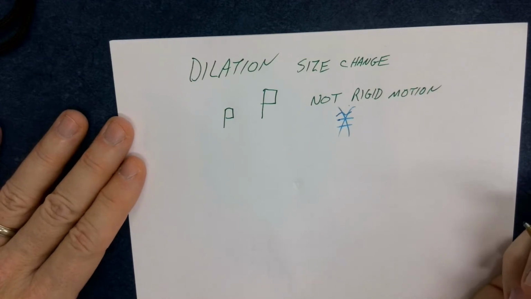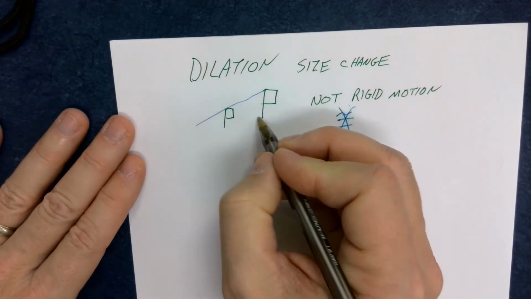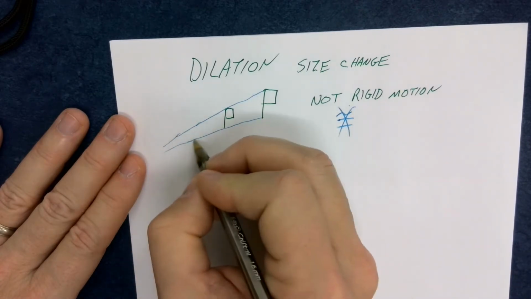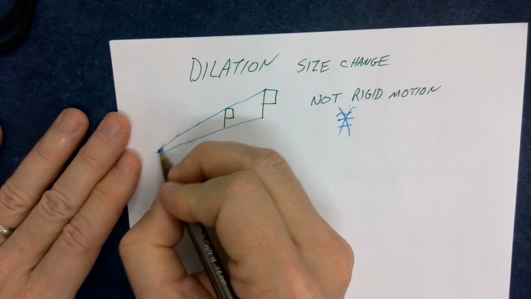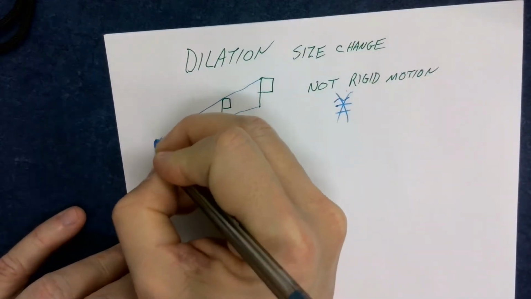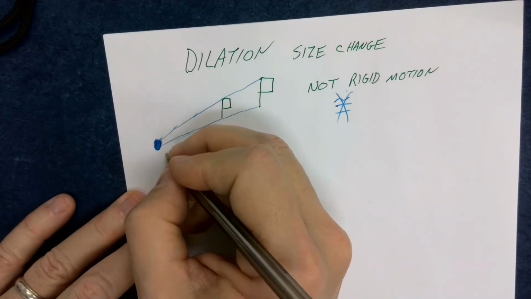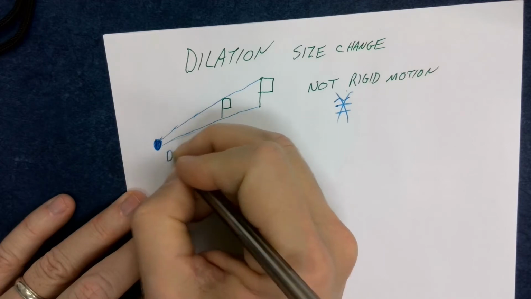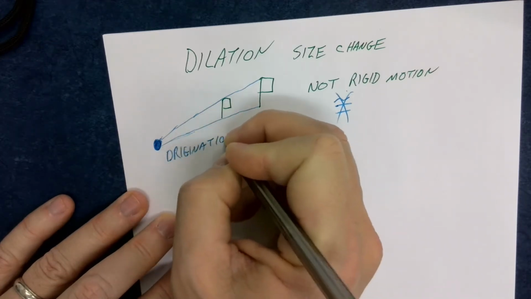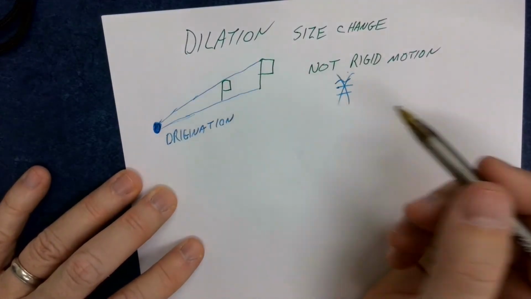Good deal? But if I was to take these things and connect from key point to key point, at some place over here in the distance those lines would intersect, and that is the origination point for the dilation. And based on these distances here, we can tell exactly what's going on.